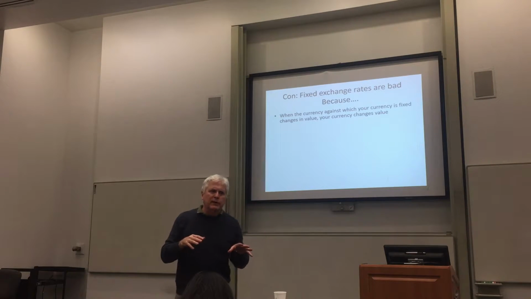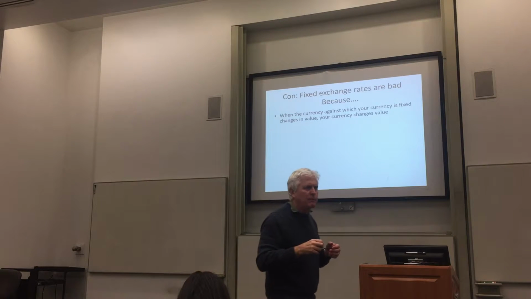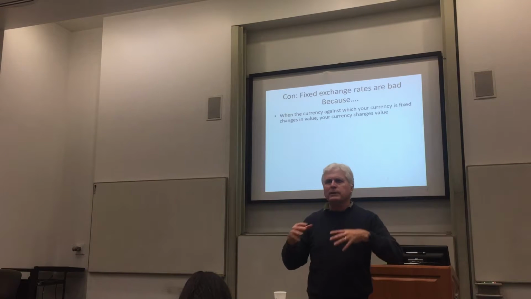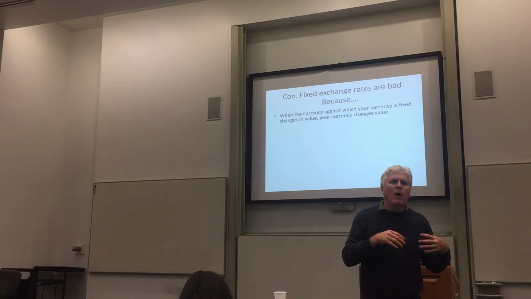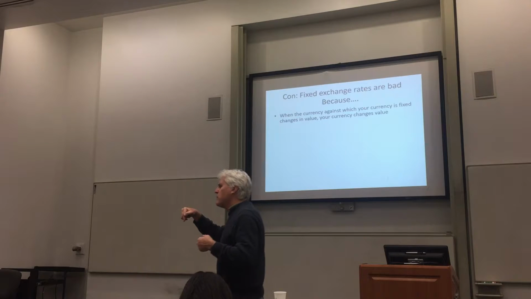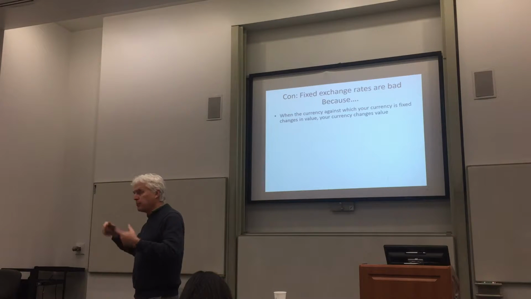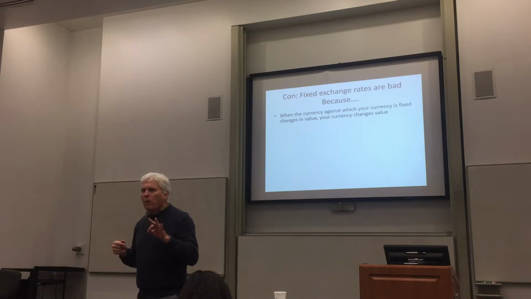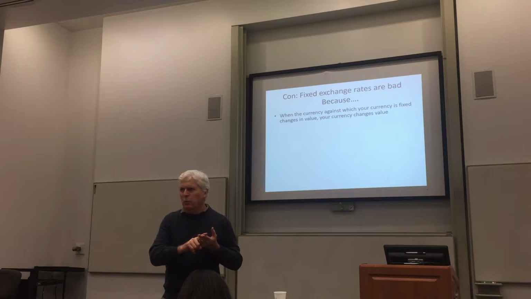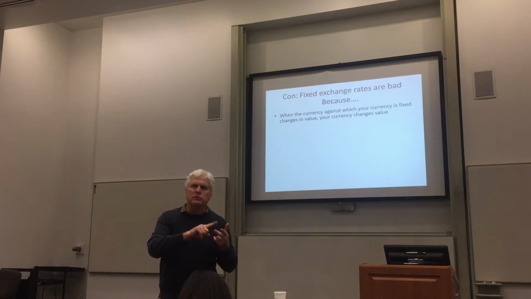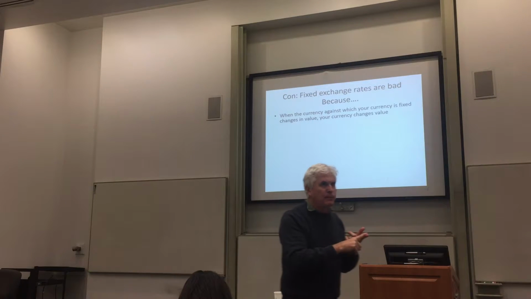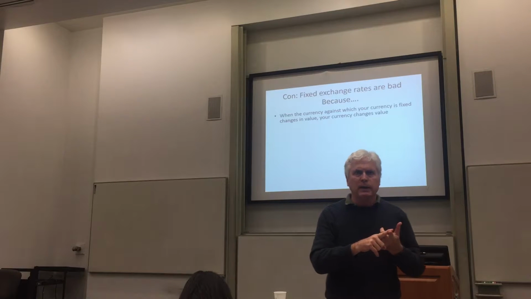So let's think about Greece because that's by far the best example of this. If Greece had their own currency, if the drachma was in existence and used in Greece instead of the euro, almost certainly the drachma would have depreciated in value against the US dollar and pretty much every other currency in the world. What would that have done? Well, that would have stimulated probably the two most important export industries in Greece, which is tourism and shipping. Taking a vacation in Greece would have been really cheap in a world in which the drachma was around.